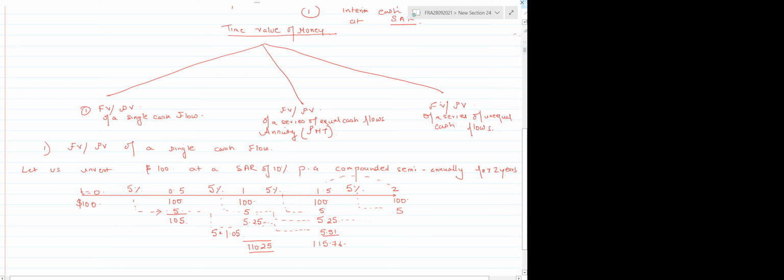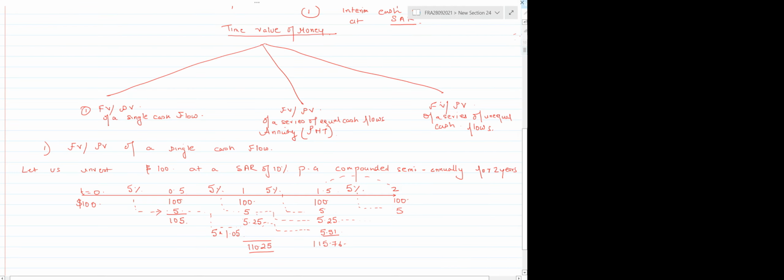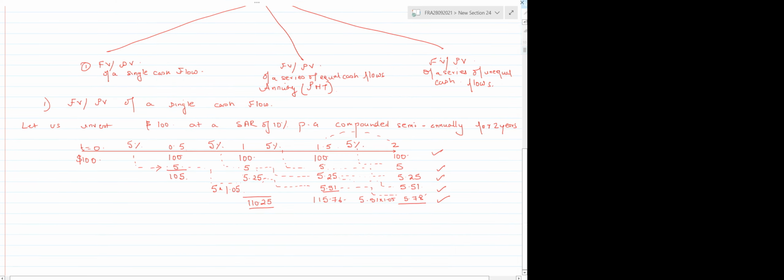This 5 would become 5.25, this 5.25 would become 5.51, and this 5.51 would become 5.51 into 1.05, 5.78. So when we add all of this up, please add this up. 121.55.